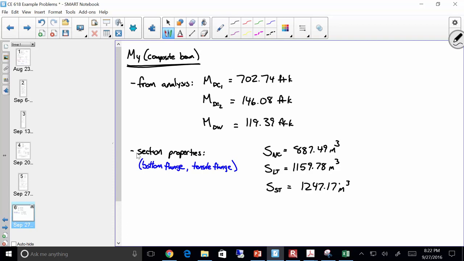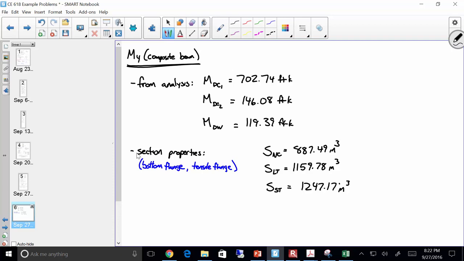So far, so good? So I've queried two chunks of data. I've got moments from my structural analysis, and I've got my section properties from the spreadsheet that I developed way at the beginning of the semester. All right, so far, so good?